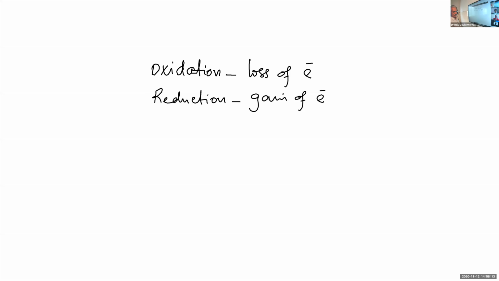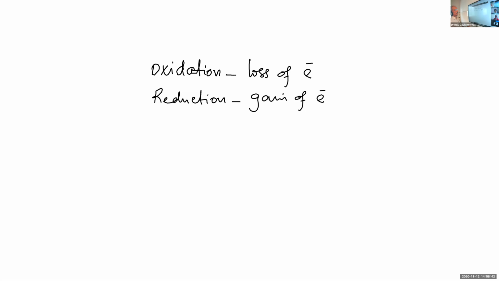Now let us see the oxidation number concept of oxidation and reduction. We have seen what is meant by oxidation number. Oxidation number is the net positive or negative charge seen on one atom of the element in its compound or in its ion.